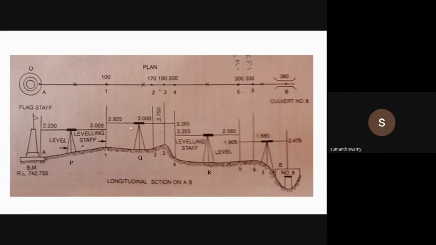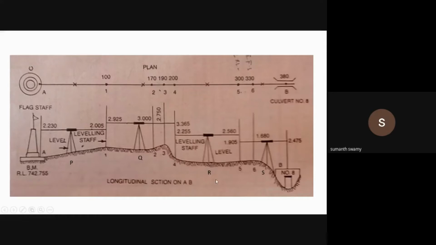Here once again, the station is leveled and the backsight is taken on the previously kept staff, that is point 1. Again, the survey is carried out by taking intermediate sights at point 2, point 3, and point 4. Further, when the staff is not visible, the station is shifted to point R, but at the last recorded point, point 4, the staff is kept there itself and its position is not changed.